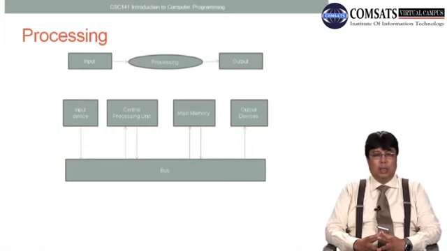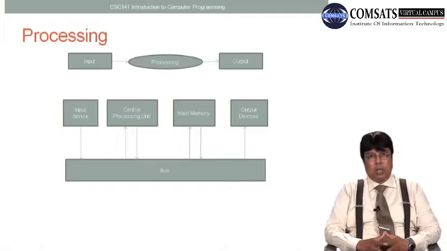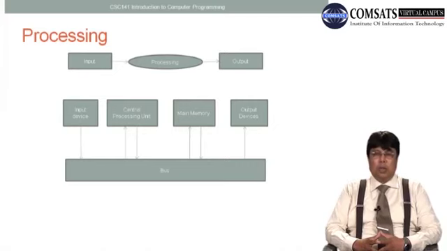For example, if the data is required to be loaded into the CPU, it will first be loaded from the input device to the memory, and then from the memory it is loaded onto the CPU, where we call it fetch. Fetch the instruction means load the instruction from the memory to the CPU.